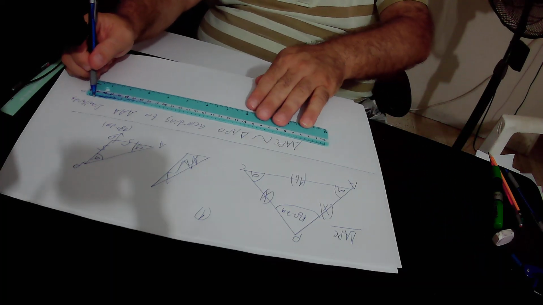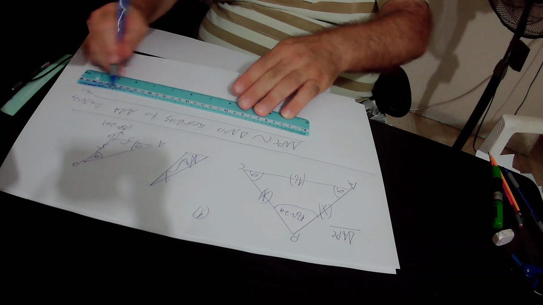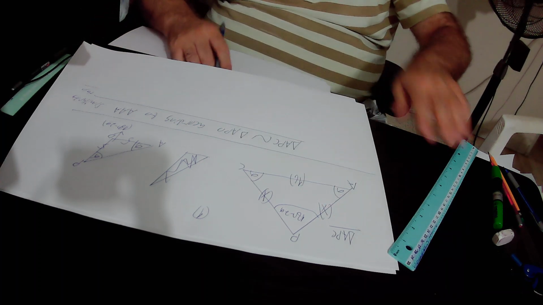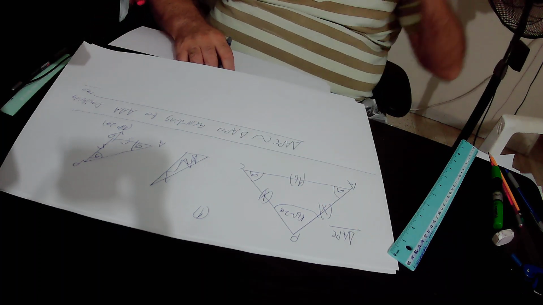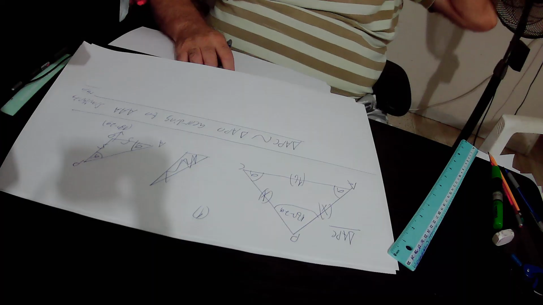And from the fact that those two associated triangles are similar to each other, we will derive that the following relationship exists between their sides.